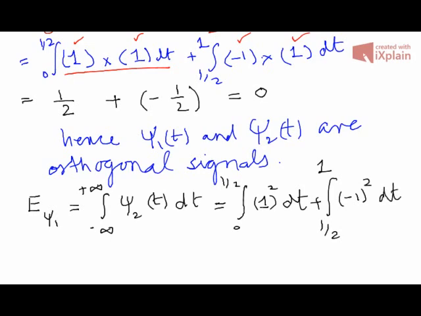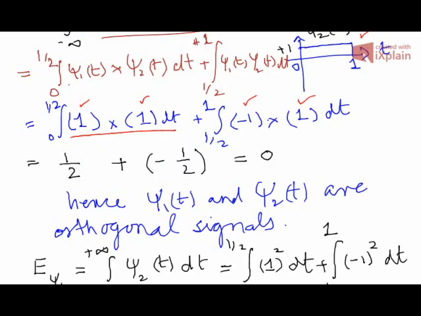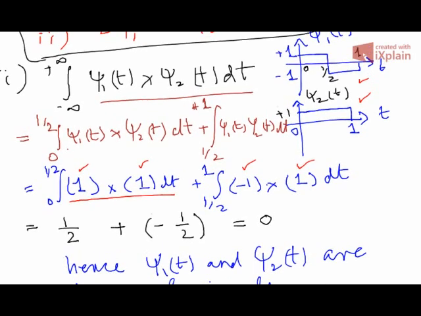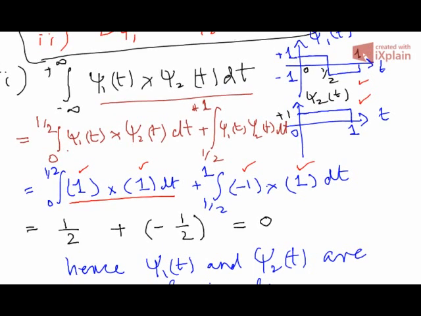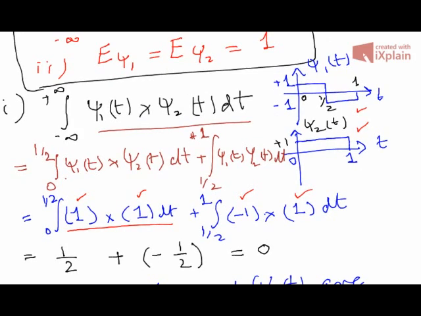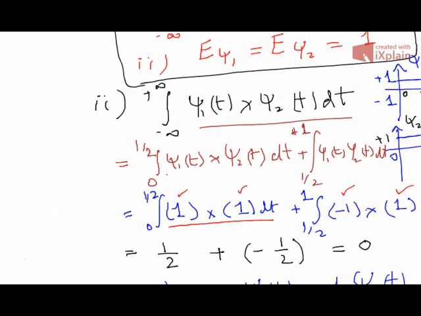We have to integrate the square of the signal. So if you see this in the diagram, you can verify that from 0 to half, psi 1 of t is plus 1, and from half to 1 it is minus 1, as shown in this figure.